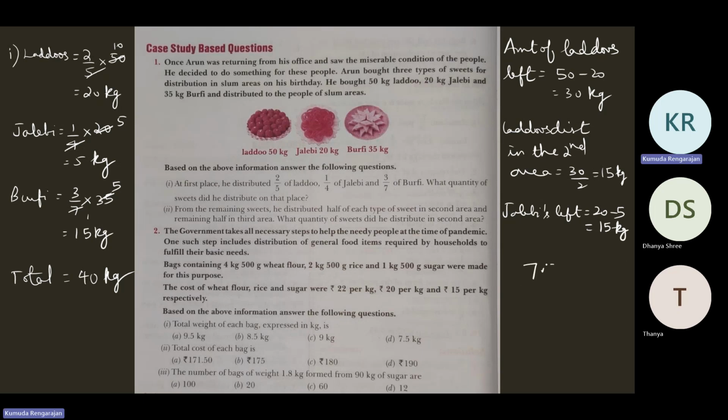He'll give 7.5 kgs, half of it. Then finally, Barfi's left is 35 minus 15, 20. And half of that is 10 kgs. So totally how much he distributes?